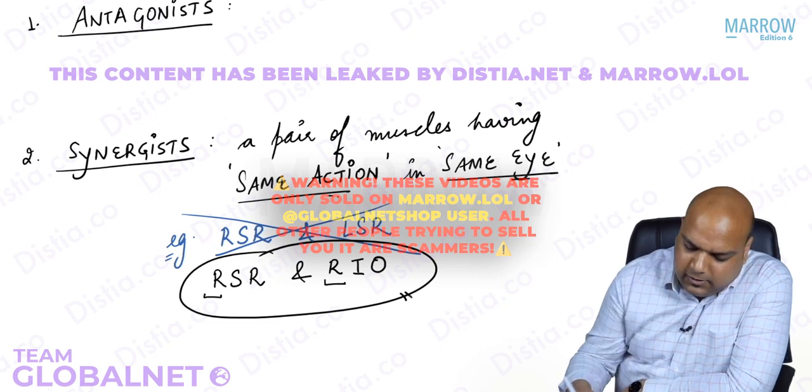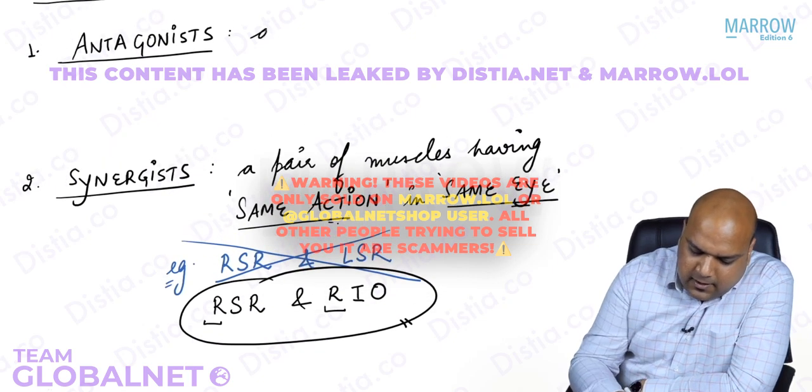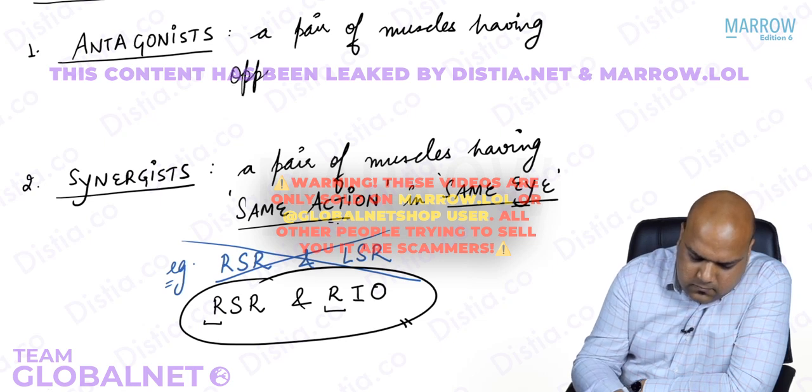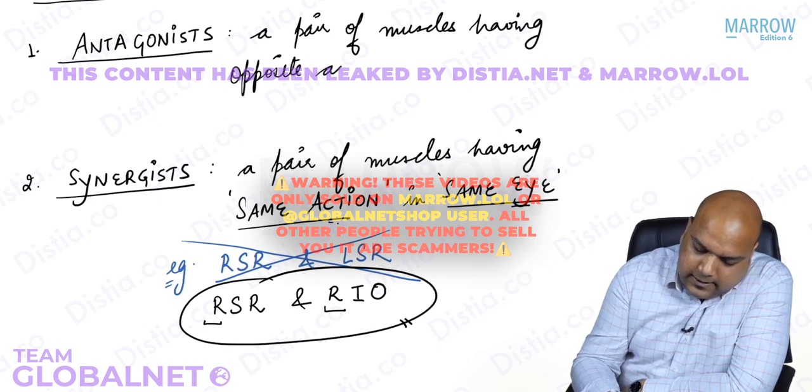If you understand this, then antagonist becomes very easy. Antagonist means a pair of muscles having opposite action, but again in the same eye.